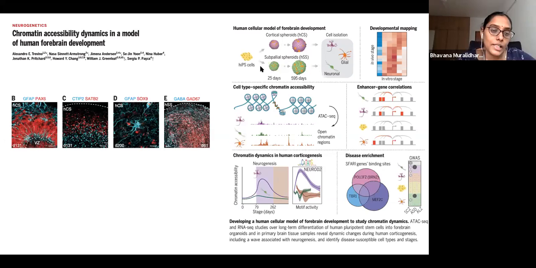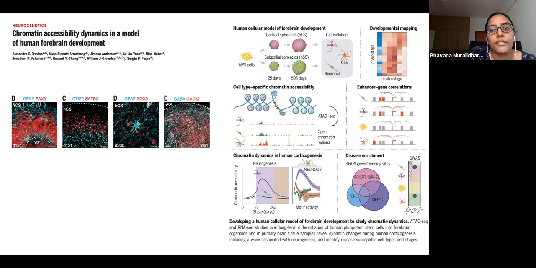And that's what Sergiu Pasca's lab looked at, and they published this paper early on in 2020. They compared tissue and their organoids, and they developed two kinds of organoids as seen here. They developed the cortical spheroids and the subpallial spheroids. The cortical spheroids give rise to your excitatory neurons, and the subpallial spheroids give rise to inhibitory neurons.